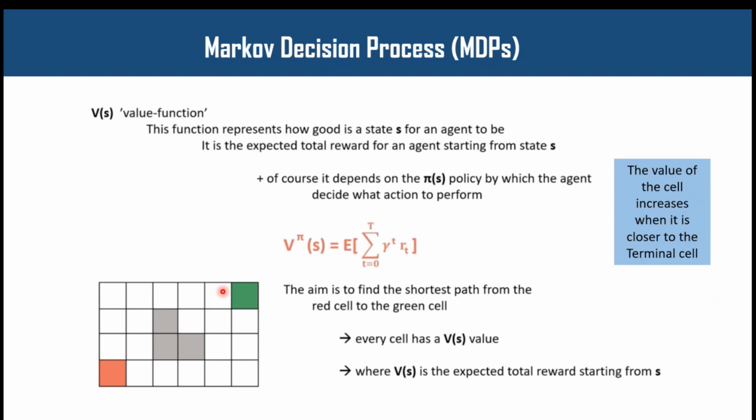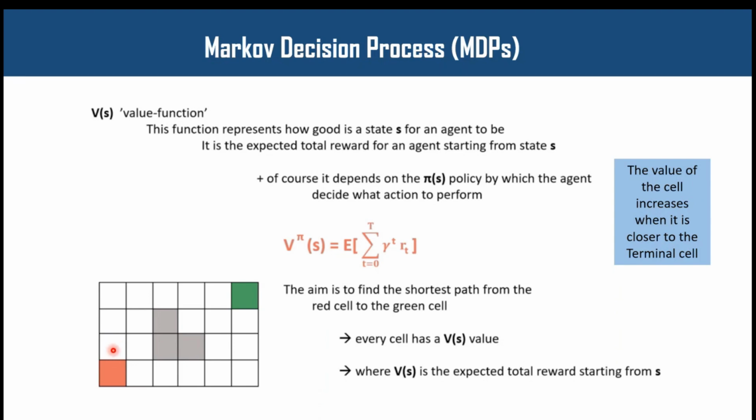The next thing is the value function. What is this value function? Here the function represents how good the state is for an agent to be in. The agent is moving from this point to this point based on the values in the cells. The agent gets a reward from moving from one point to another point, so that is also there.